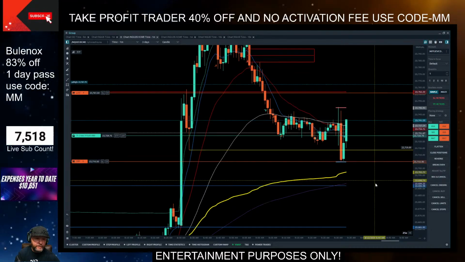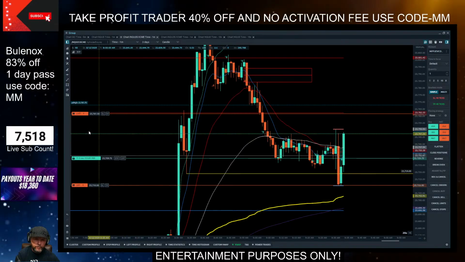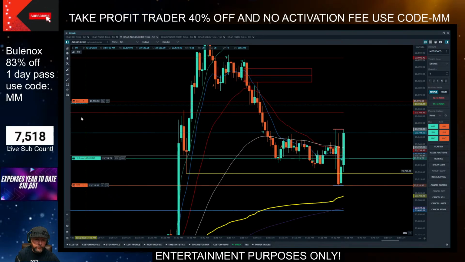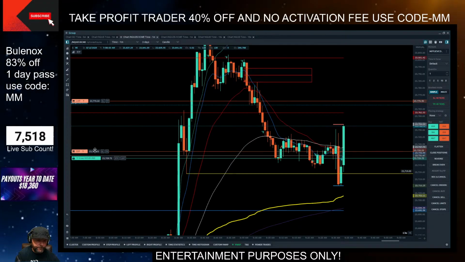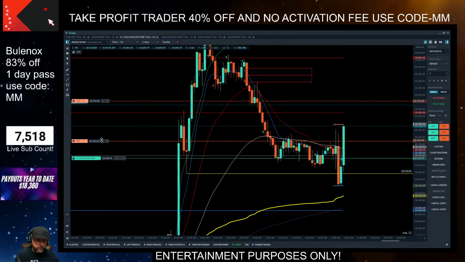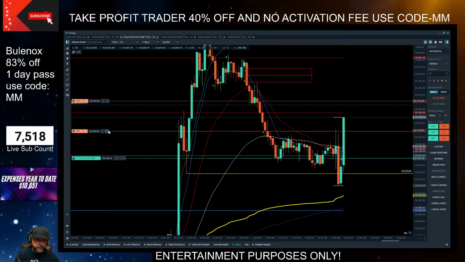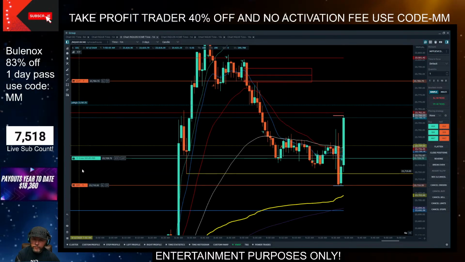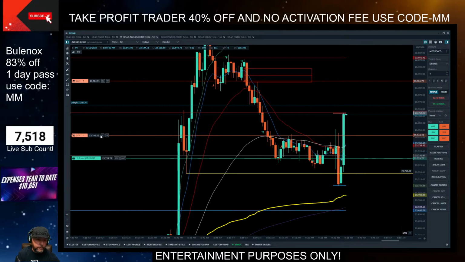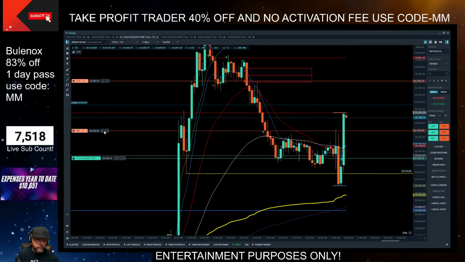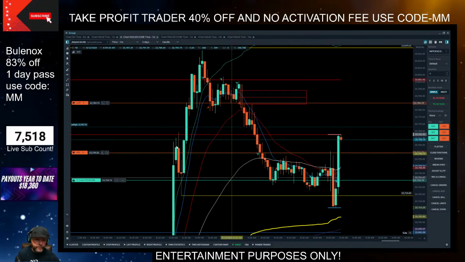Get above these EMAs, I think we squeeze. Let's push through this 50. Locking in the 20 points here.